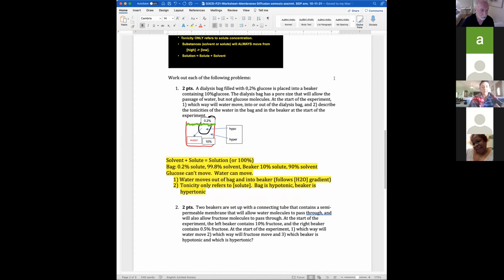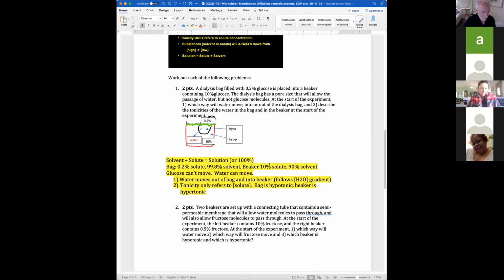The first one, the dialysis bag filled with 0.2% glucose placed in a beaker containing 10% glucose. Now, the glucose cannot go through the bag. So I've drawn a little picture here. I have found that it's really helpful to draw a picture of the problem so that you can visualize what's going on. So the bag has 0.2% solute. And so that tells you that it's 99.8% solvent or water.